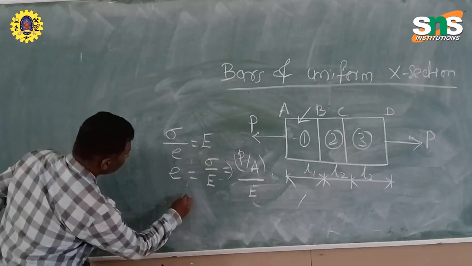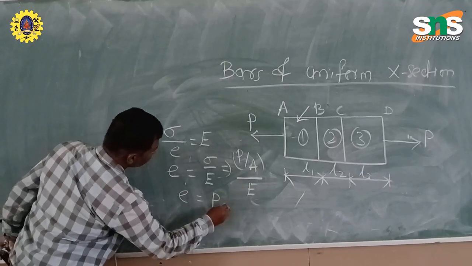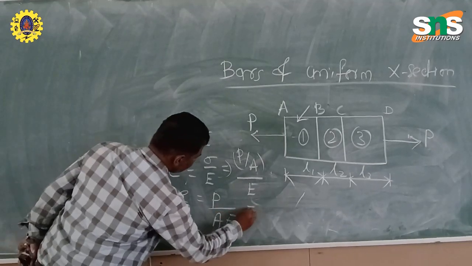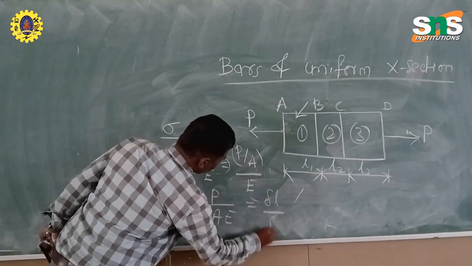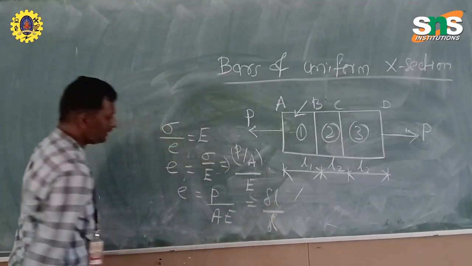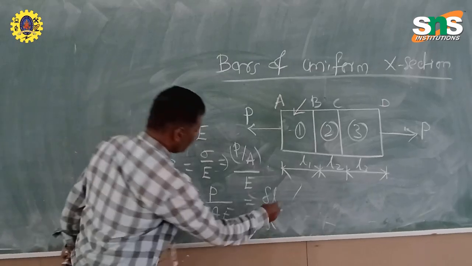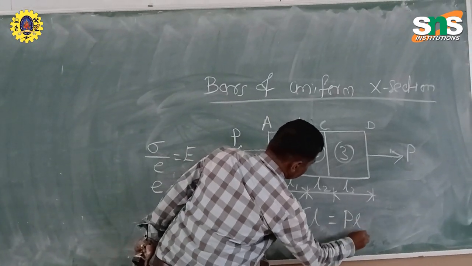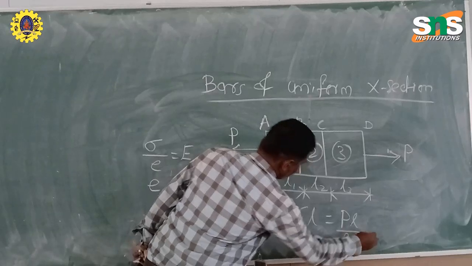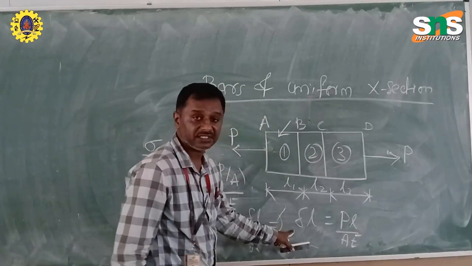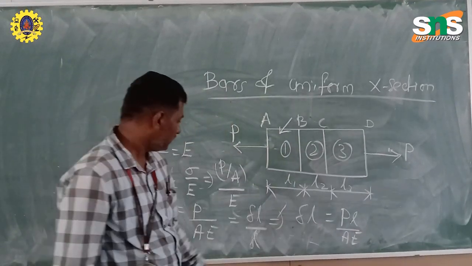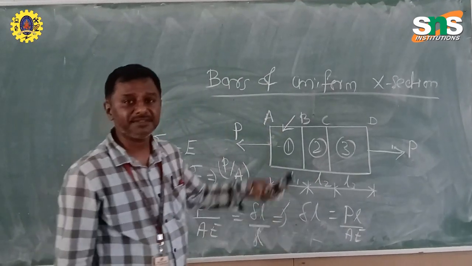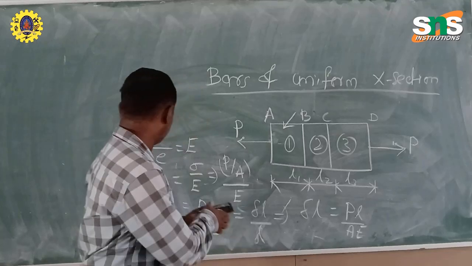So P by AE, which is equal to delta L by L, that is the strain. From that, what is delta L? Delta L refers to PL by AE. So change in length, that is axial deformation, equals PL by AE. That is the mathematical expression we are going to apply here.